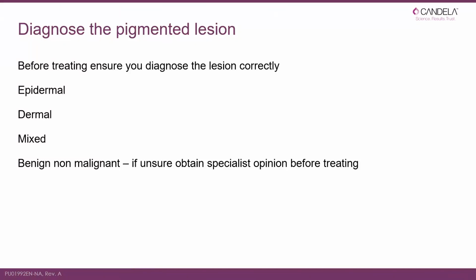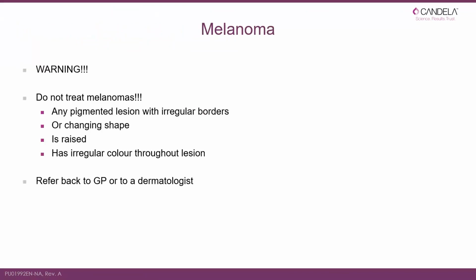And vitally important, just to ensure that the pigmented lesion you're going to treat is benign and not malignant. And if you're unsure of whether it's benign or malignant, always obtain specialist opinion before you treat. So melanomas, obviously, we do not treat melanomas.